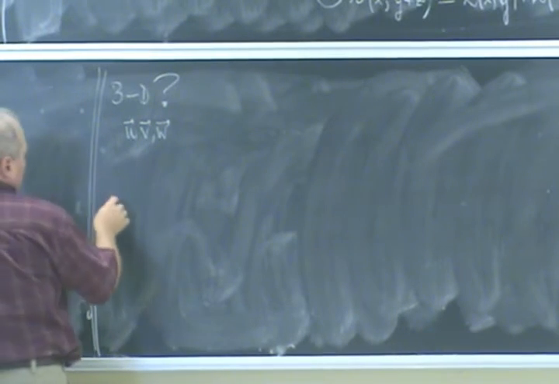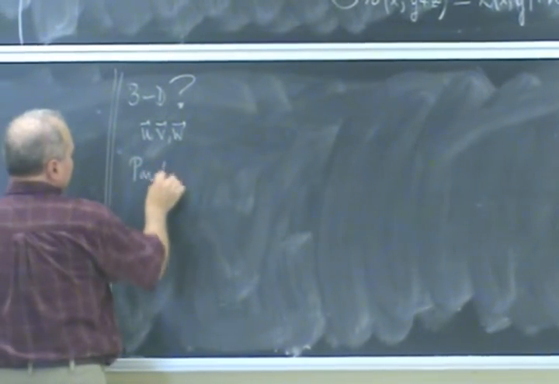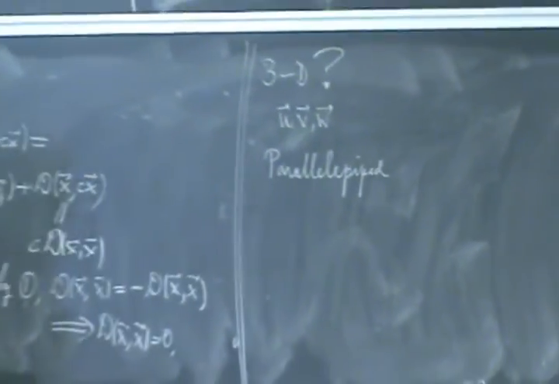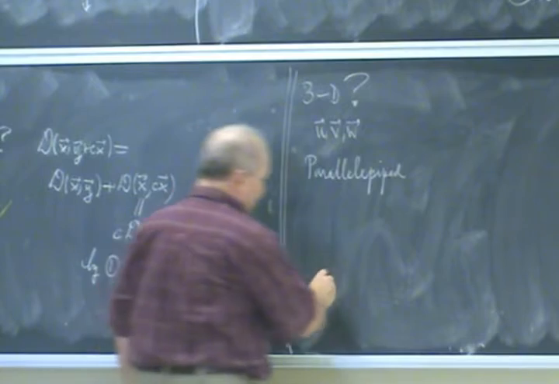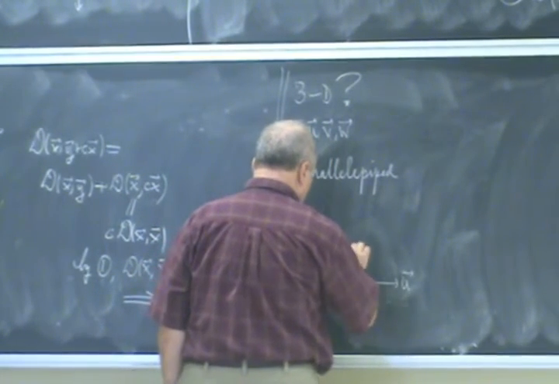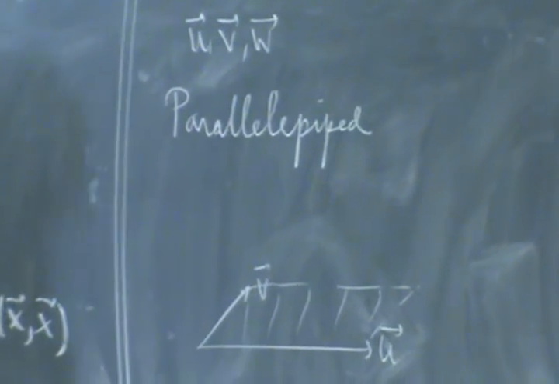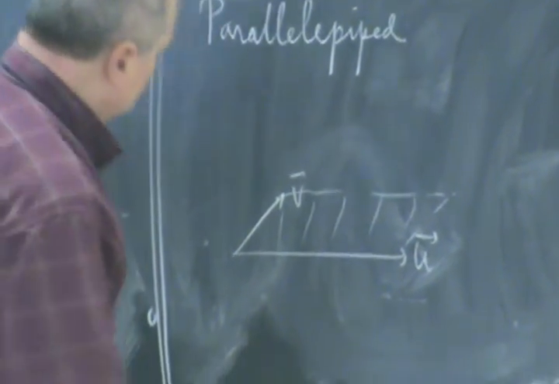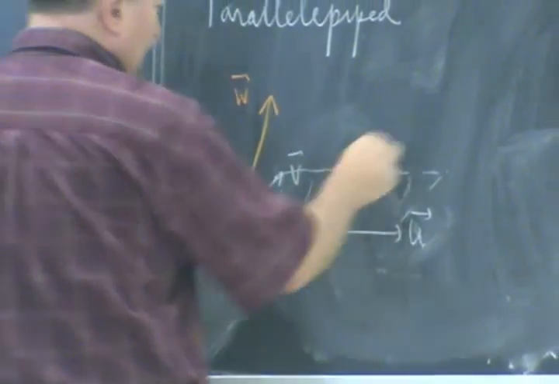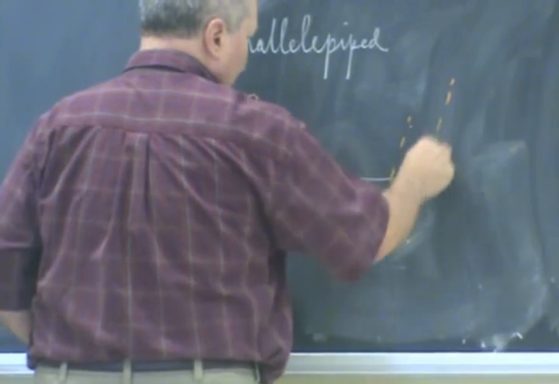And you could look at the parallelepiped. 2 points if you spell it correctly. You take u, v, they span a parallelogram in space, and then along comes a 3rd vector w, and you then have a 3-dimensional box.